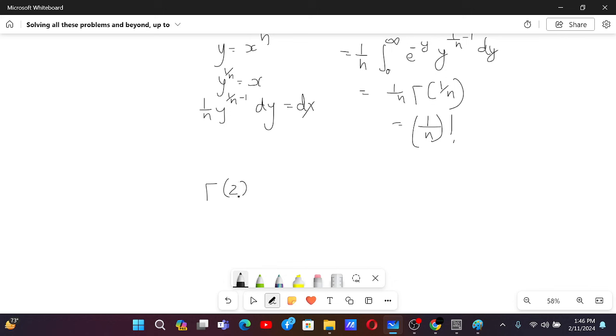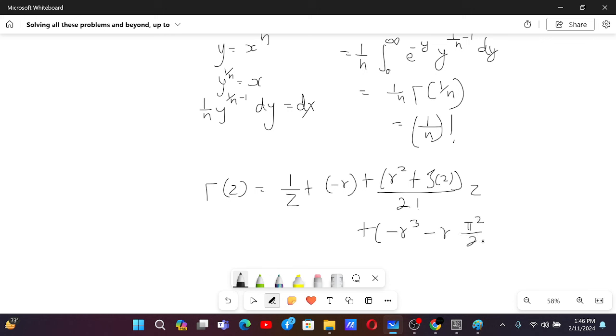Gamma of z is equal to 1 by z plus Euler-Mascheroni constant plus Euler-Mascheroni constant squared plus Riemann zeta of 2 by 2 factorial times z, plus Euler-Mascheroni constant cubed plus Euler-Mascheroni constant times pi squared by 2, plus 2 times Riemann zeta of 3, which is Apery's constant, by 3 factorial times z squared, plus big O of z cubed, because this will be somehow much smaller and that's why negligible.